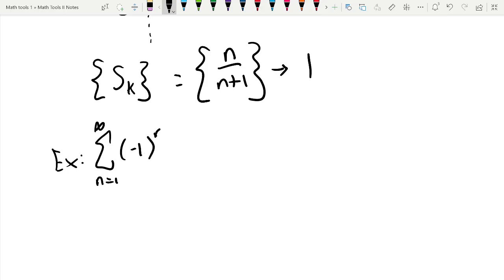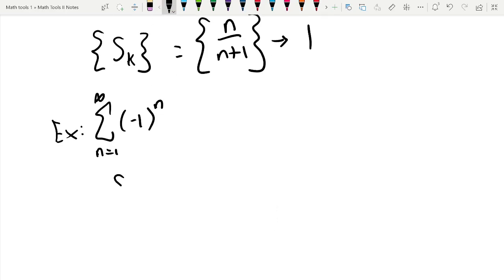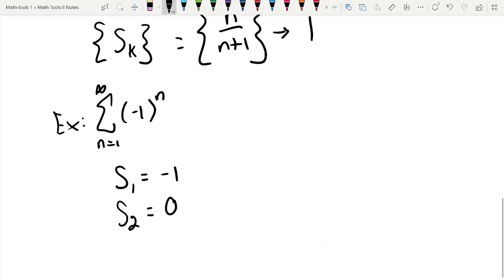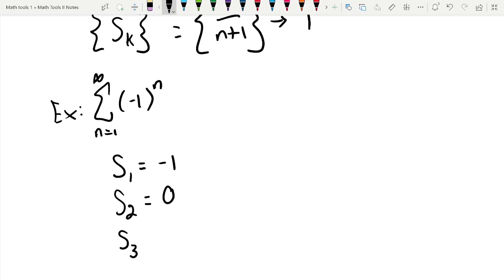Okay. What if we just look at -1 to the n? Okay. So if we look at the partial sums of this, the sum of the first term would be -1. The sum of the first two terms would be now -1 plus 1, which would be 0. The sum of the first three terms then would be 0 plus a -1.